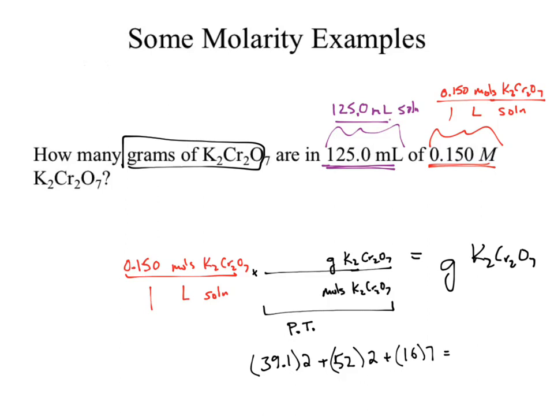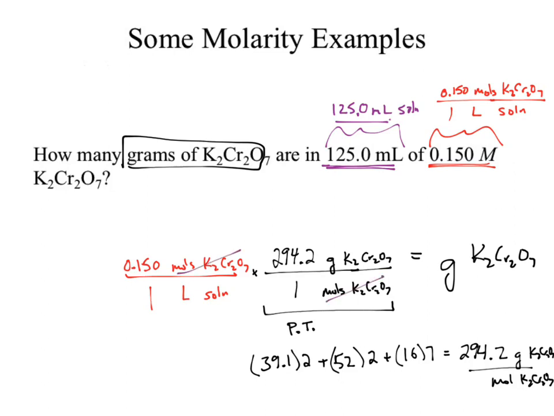And if we do all that math, it comes out to 294.2 grams per mole of our potassium dichromate. That looked much cooler probably in the video because you're like, wow, how'd you pull that one off? Thank you, Evan. Okay, so our 294 shows up in front of grams, 1 shows up in front of moles. Okay, what happens? The moles units cancel.